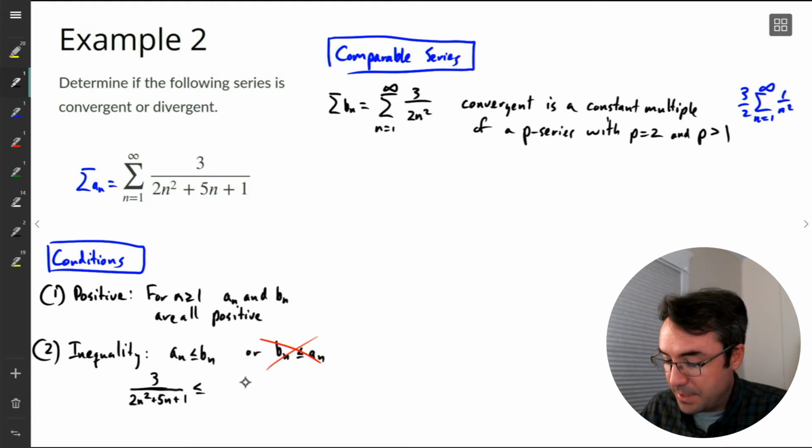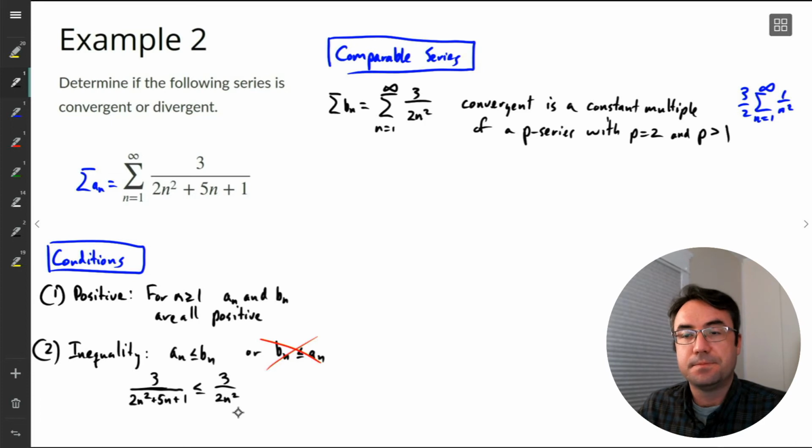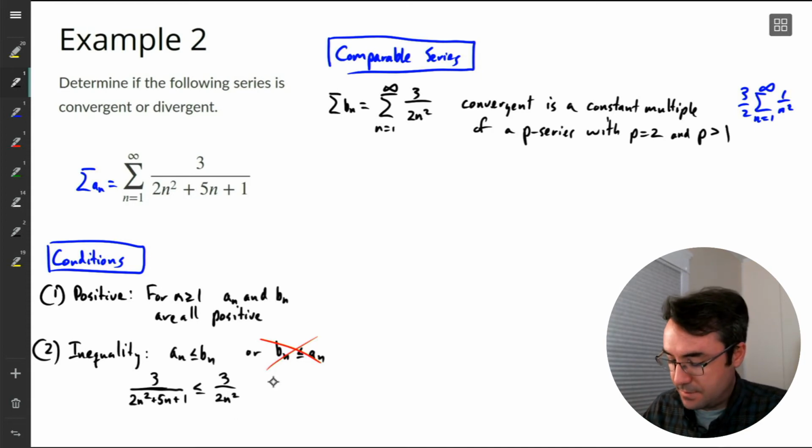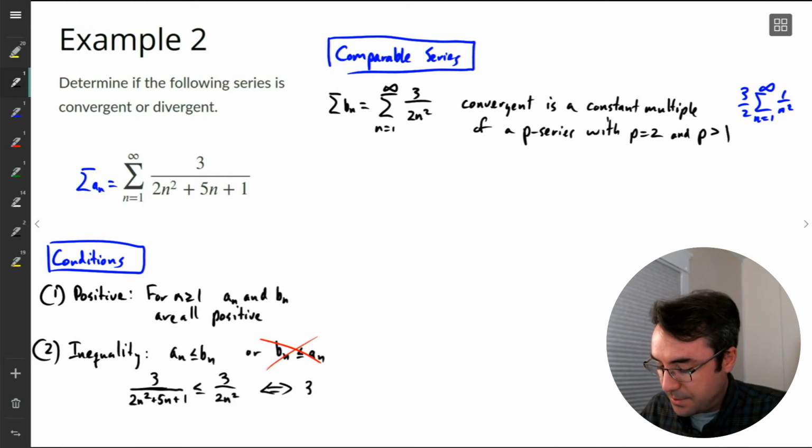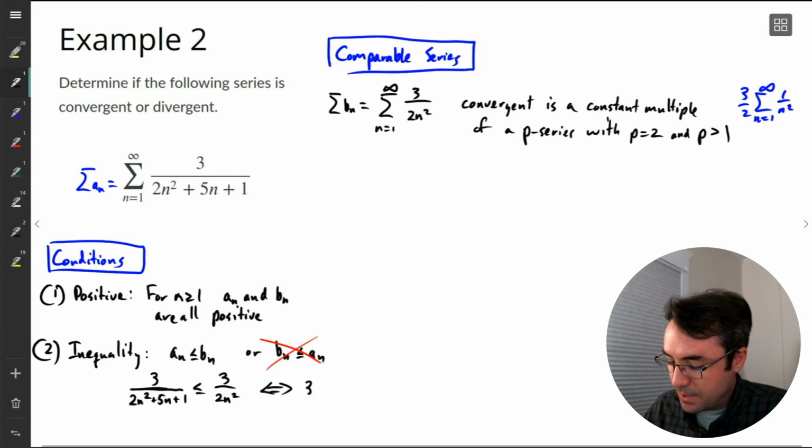We want this to be less than or equal to 3 over 2n squared. And let's simplify this. So let's multiply both sides by 2n squared. So we're going to get 3 times 2n squared on the left.